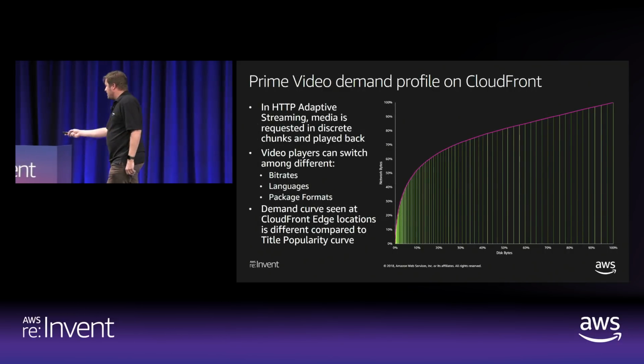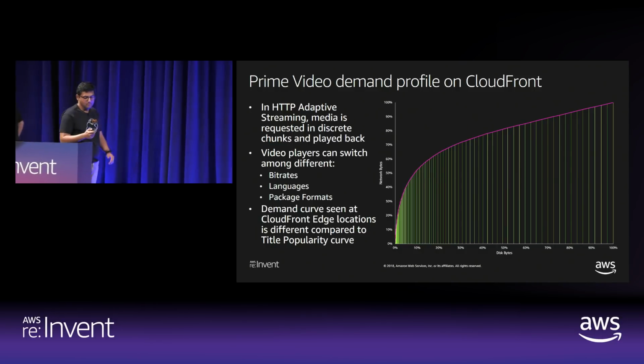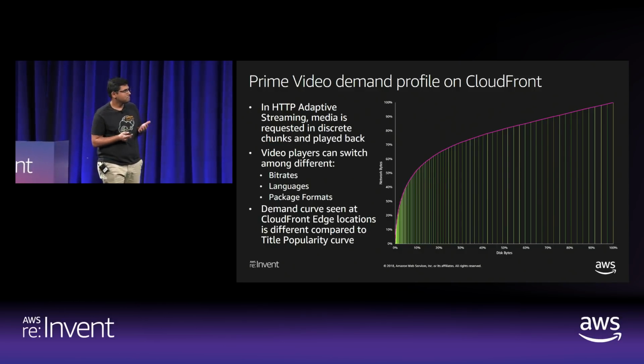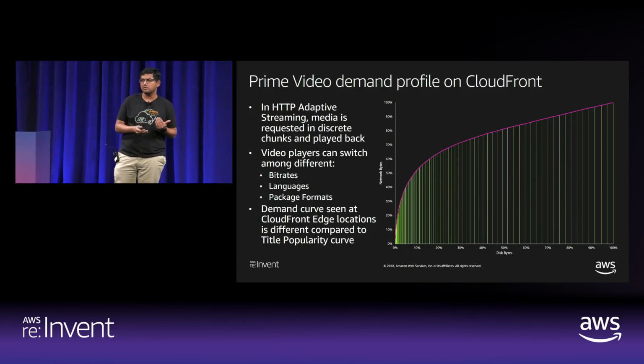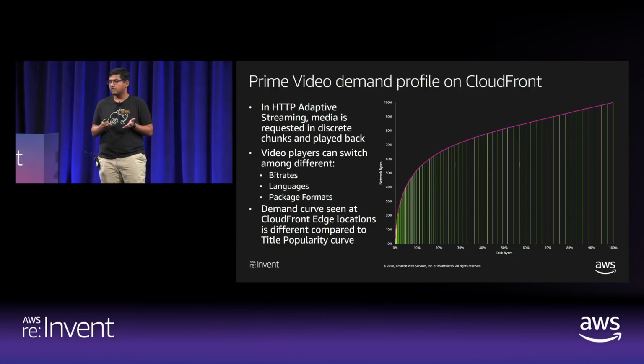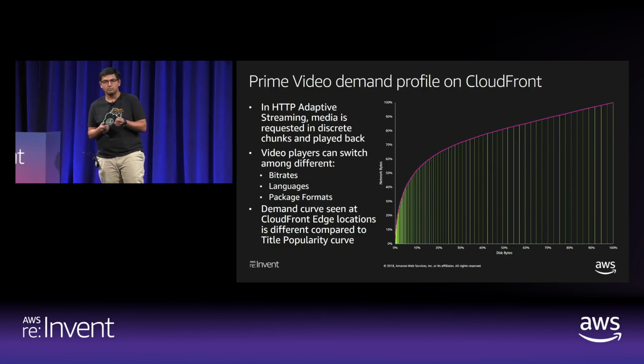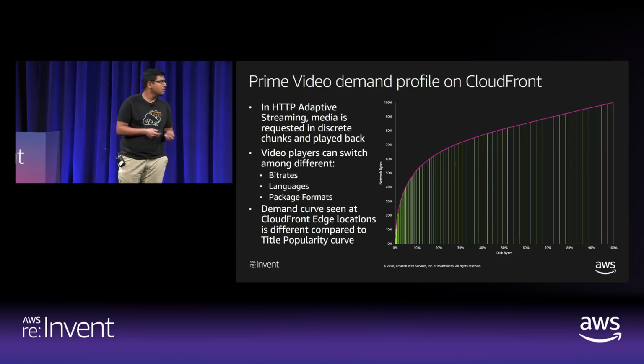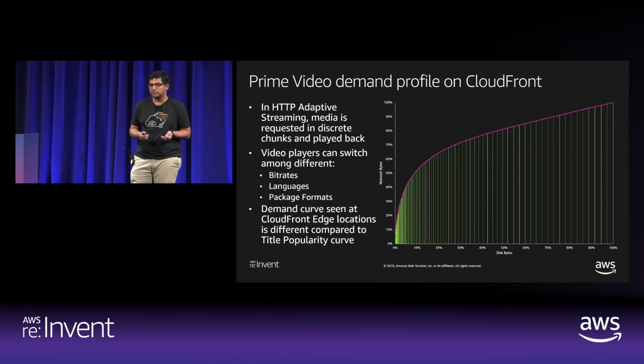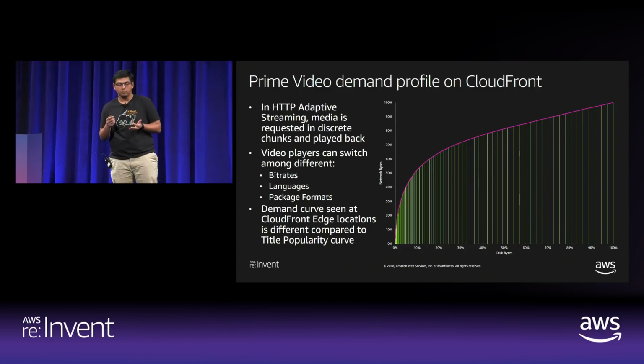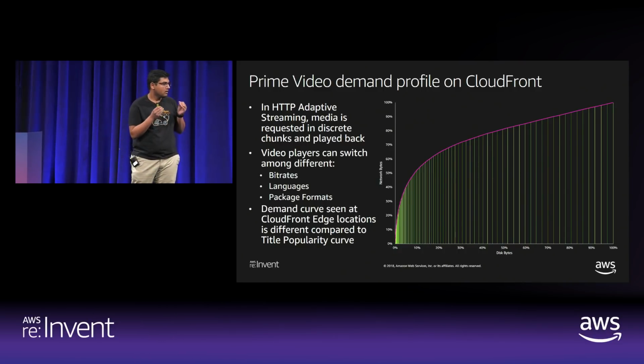What does that look like at the edge? So at the edge, what we actually see is the fraction of content that is being requested by all of those devices. Now, when those devices make requests with the different HTTP adaptive streaming formats that Harrison mentioned, we see each media chunk being requested as an individual HTTP request.